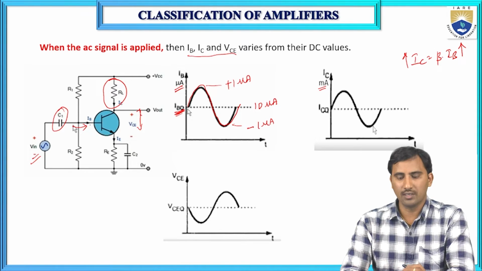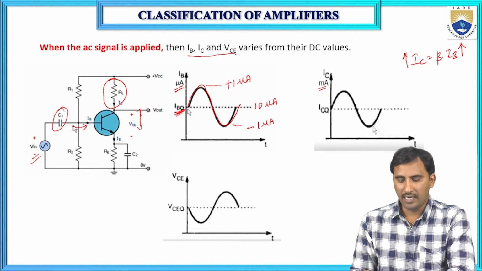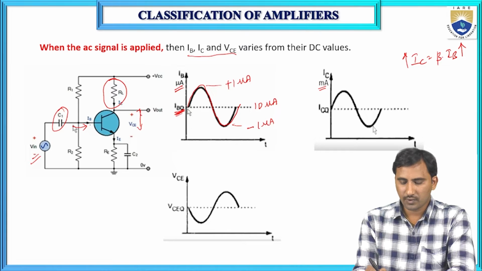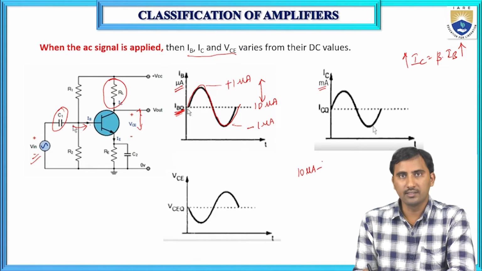So what is the variation? Here the variation is 10 microamperes minus 1 microampere, so 9 microamperes.